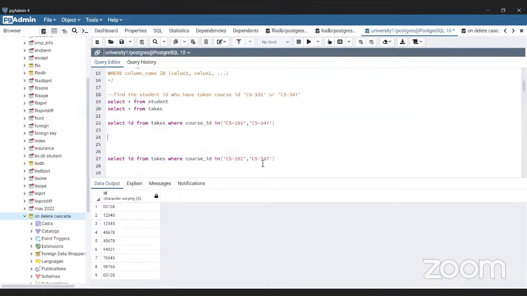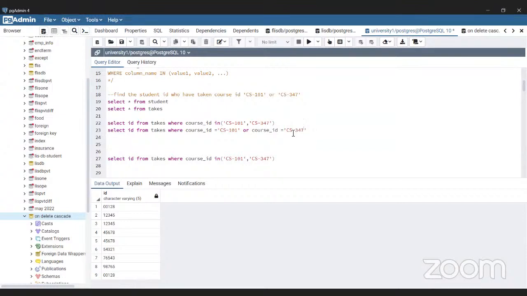You have to write the or operator multiple times, like: select ID from takes where course ID equal to CS101 or course ID equal to CS347. So you have understood the in operator, right?